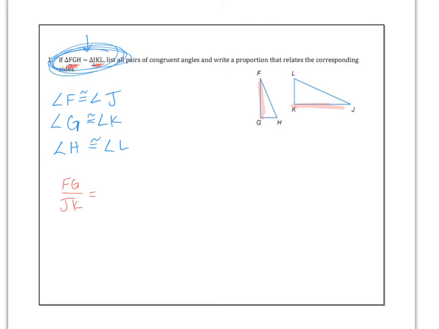Whatever I get there, I'm going to get the same thing if I do GH divided by KL, so the last two letters divided by the last two letters, and then also the first and last. So how about FH divided by JL? So there we have it. We have our pairs of congruent angles, and we have our proportion that relates the corresponding sides.